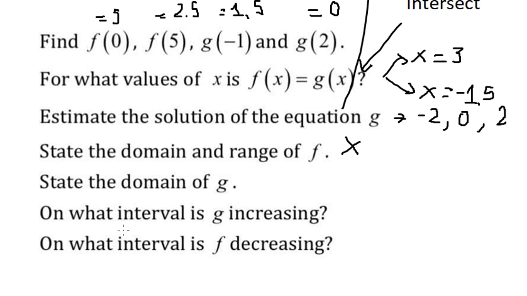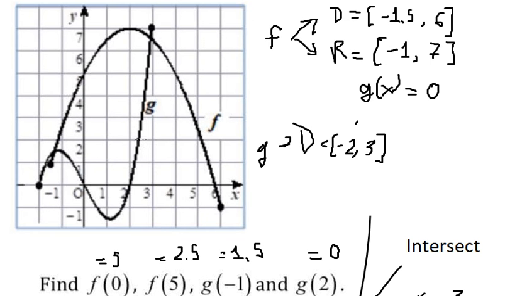The next one, what interval is g increasing? About g in here, we see that we have negative 2. It starts in g in here, and later it reduces, later it goes up again. So we can estimate the location of increasing.